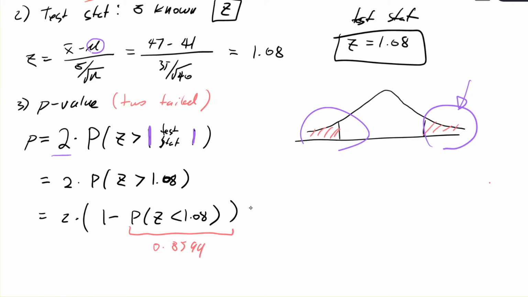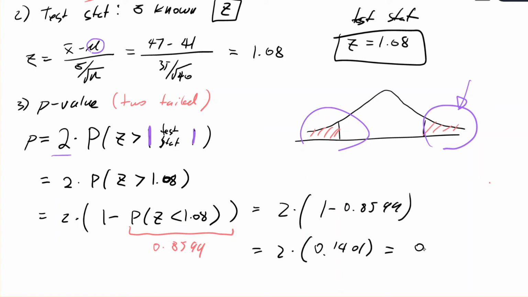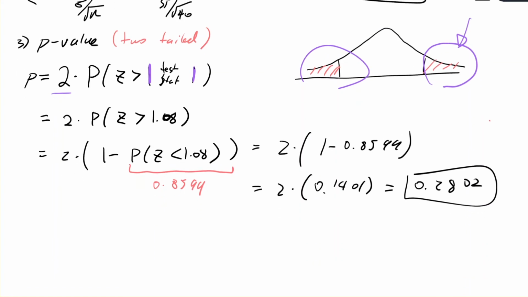So what we're doing here, then, we have 2 times 1 minus .8599. If I subtract this, I get .1401. It gives me 0.2802 because I have to multiply by 2 for the final p-value. So the p-value we get is 0.2802.